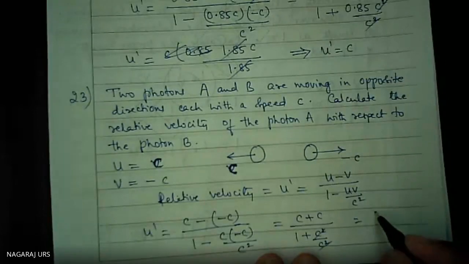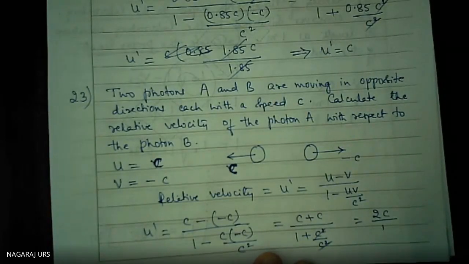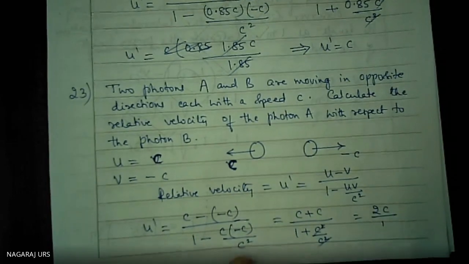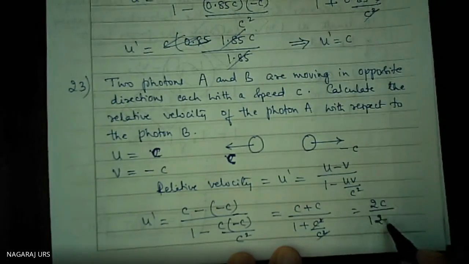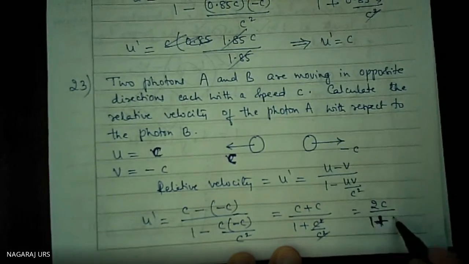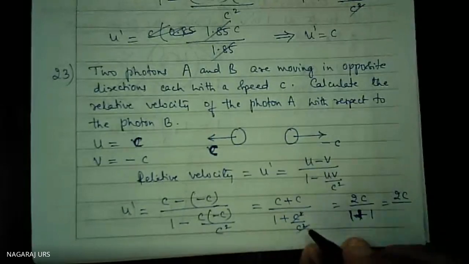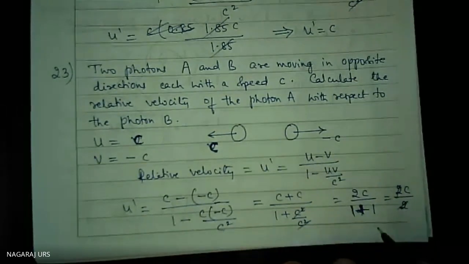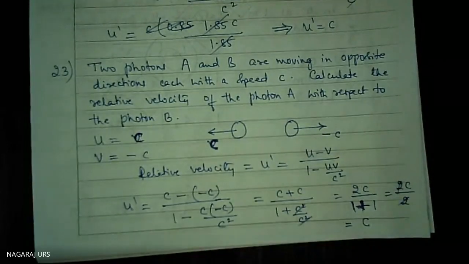So you will be getting 2c here divided by 1 plus 1, that is equal to 2, get cancelled. You will be getting the answer equal to c. Right?